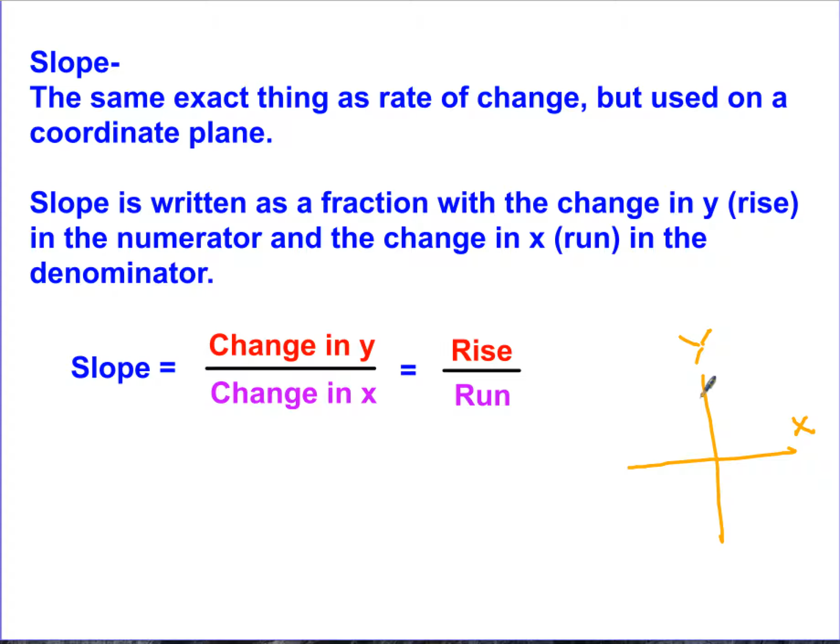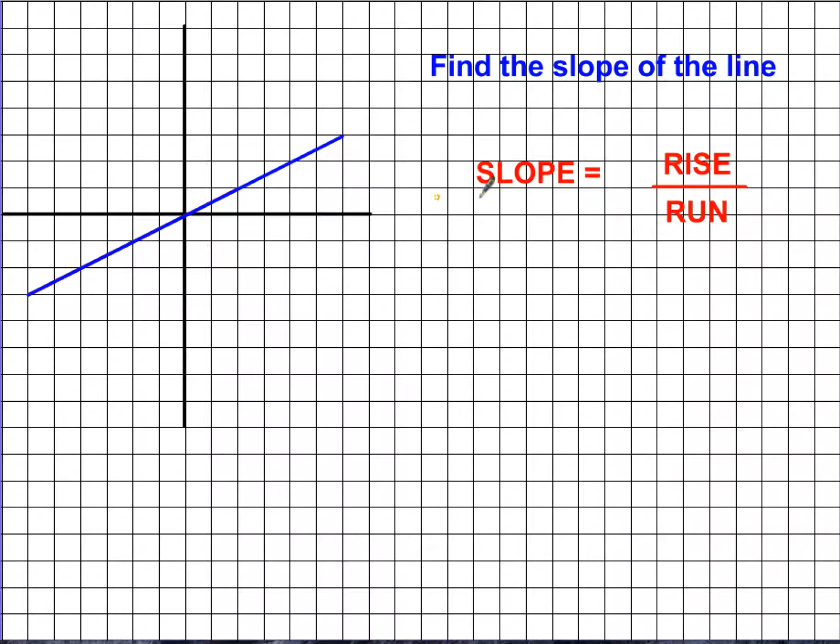Looking at these two points, what's the change vertically? What's my rise? The change in x is my run, because it's moving left to right, like running on the ground. So the change in x is what I'm changing by from here to here. We'll look at what I mean on the next slide.